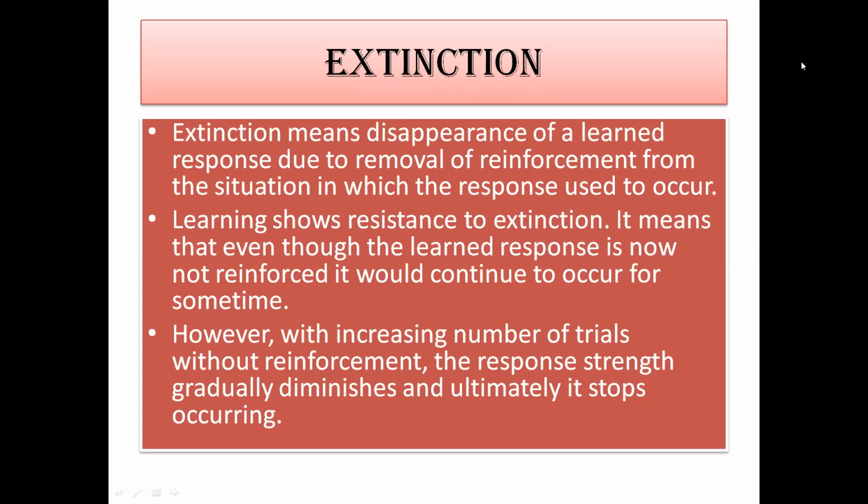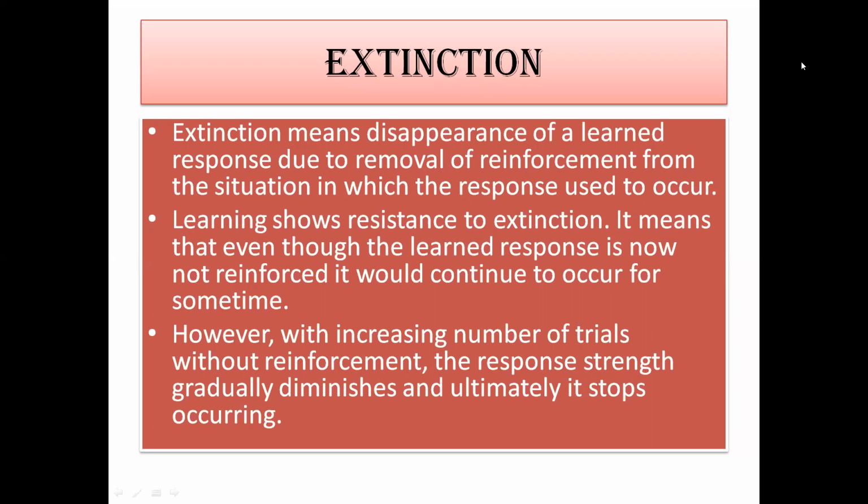How long a learned response shows resistance to extinction depends on a number of factors. It has been found that with increasing number of reinforced trials, the resistance to extinction increases and the learned response reaches the highest level. There, the performance gets stabilized. After that, even if you make a large number of trials, they do not make a difference to the response strength.